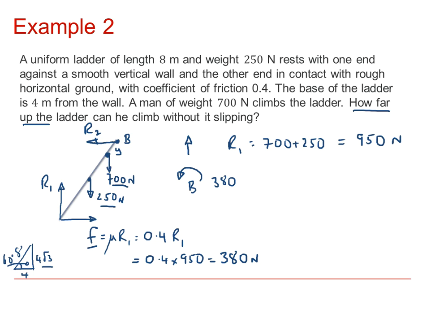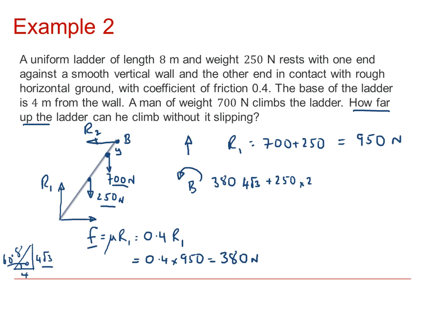So remember the geometry that we did earlier gave that distance there as being 4 root 3. The 250 Newton force is at a distance of 2. It's halfway up the ladder, and the ladder was 4 meters from the wall, so that will be a distance of 2 from B perpendicularly.